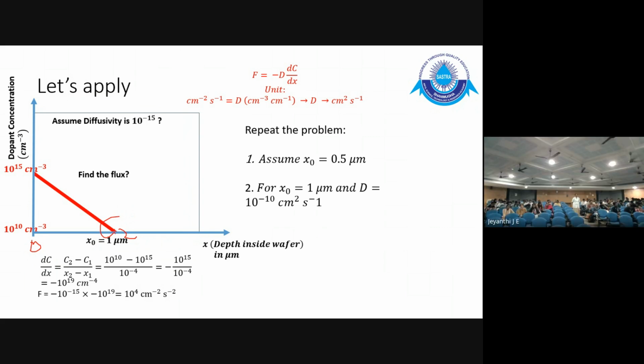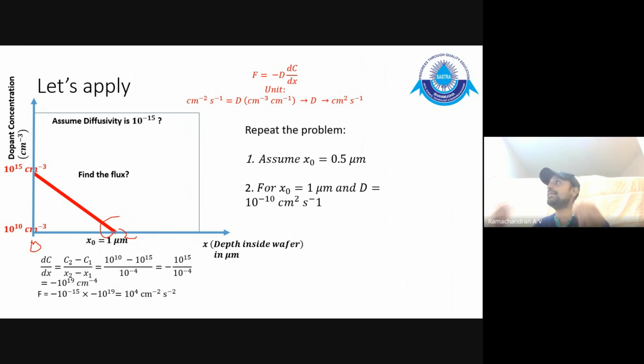Increase, sir. Exactly, because you're increasing the diffusivity. 10 power minus 10 is a bigger number compared to minus 15. Because diffusivity increases and your flux depends directly on diffusivity, your flux increases.